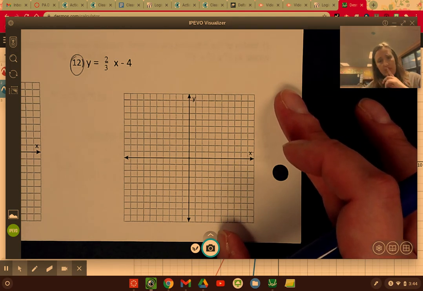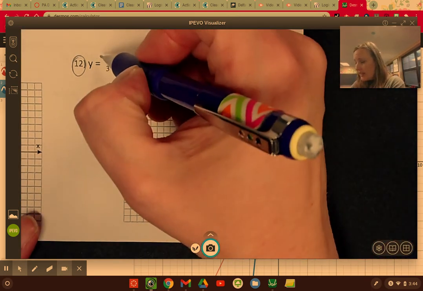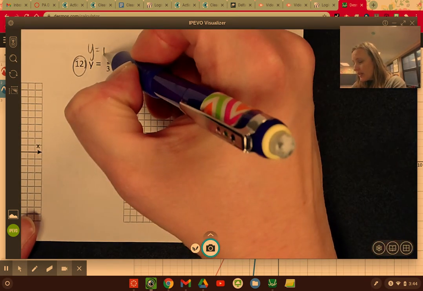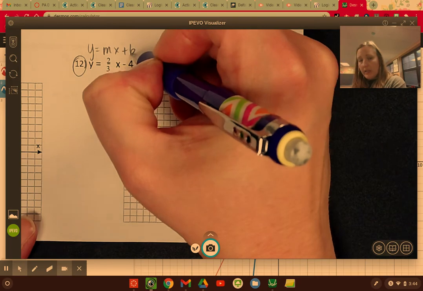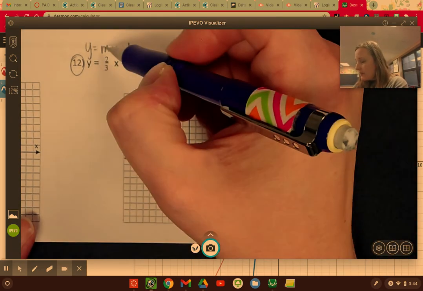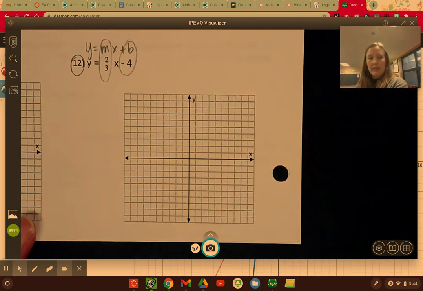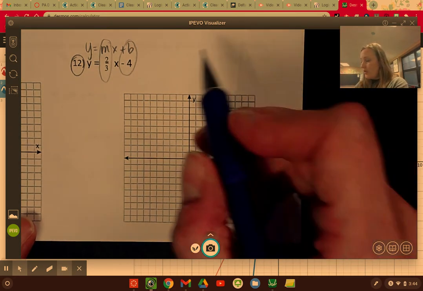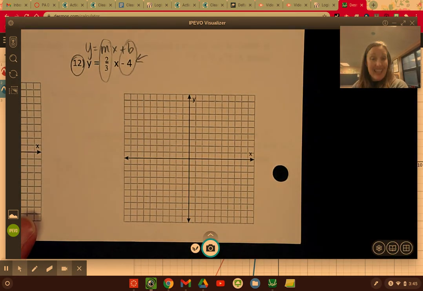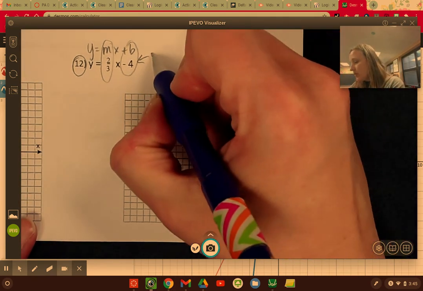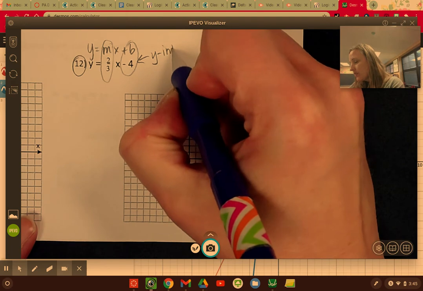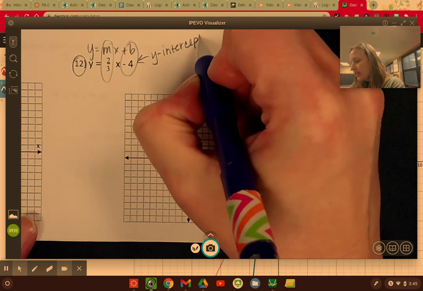So what you're going to look for here, this is y equals mx plus b, right? And the m is 2/3 and the b is negative 4. So this is where we always begin. That's the b. The b is the y-intercept, where it crosses the y-axis.